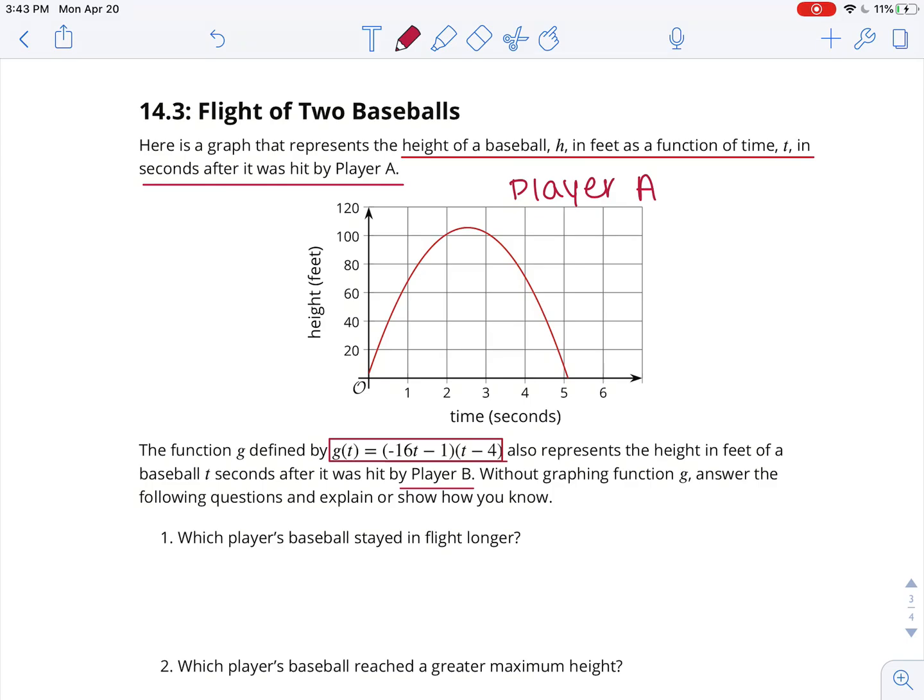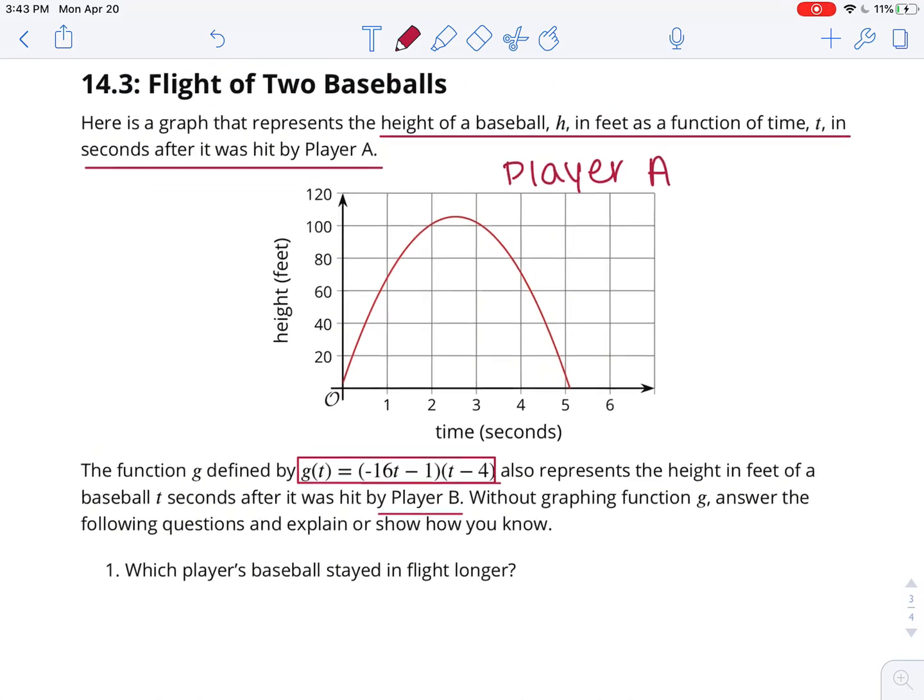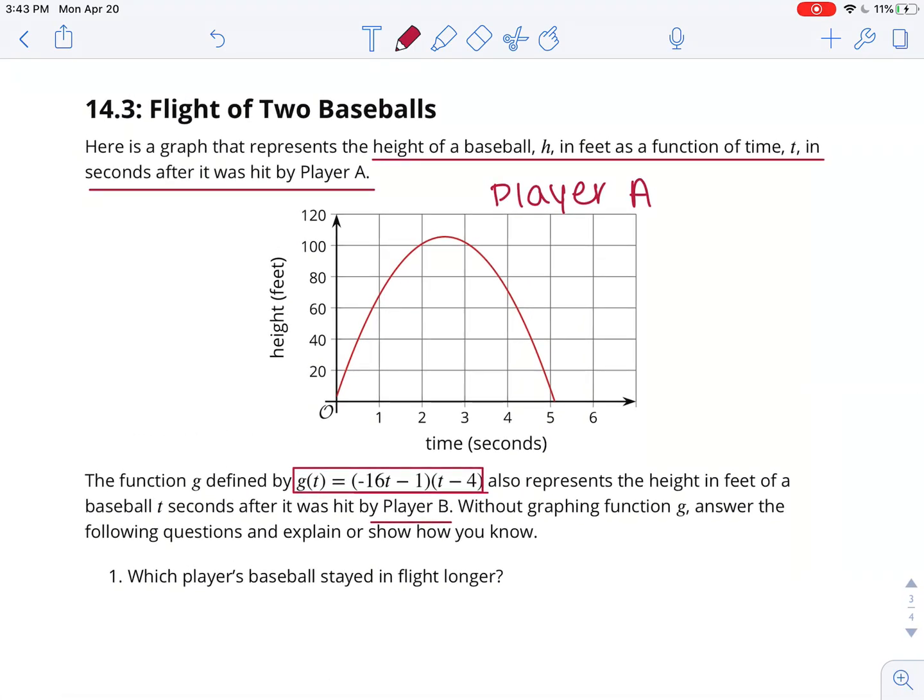Without graphing function g, answer the following questions and explain or show how you know. In this case, you're going to have to reason by comparing a graph for player A to an equation for player B. It's going to be a little difficult, but think about what things you can figure out from each of these, such as the x-intercepts, the vertex, the y-intercepts, and any other information you think is relevant.